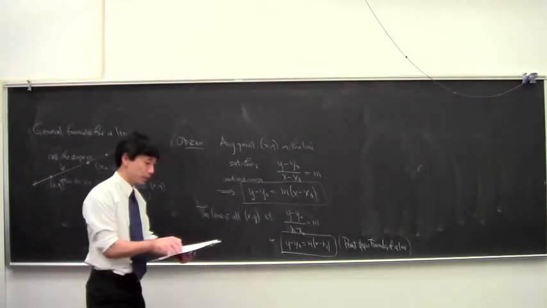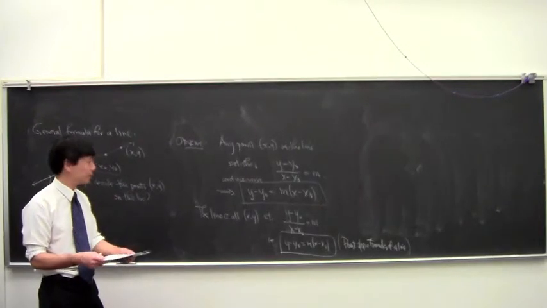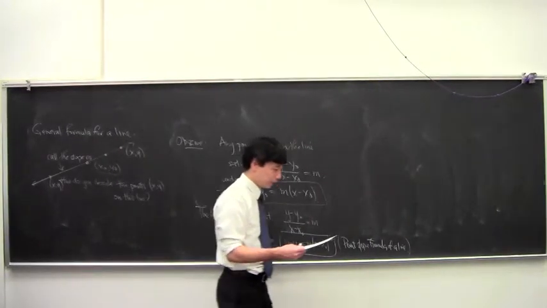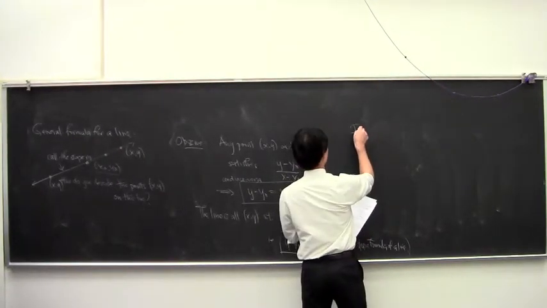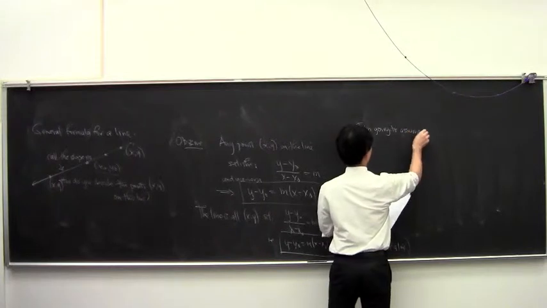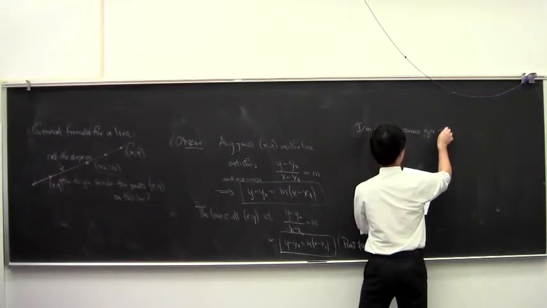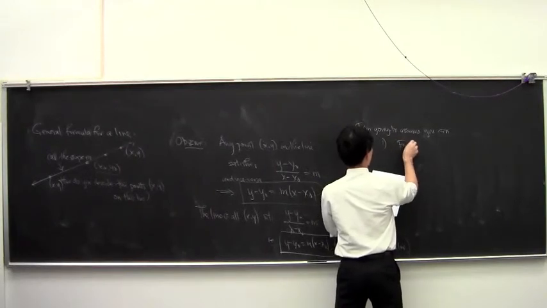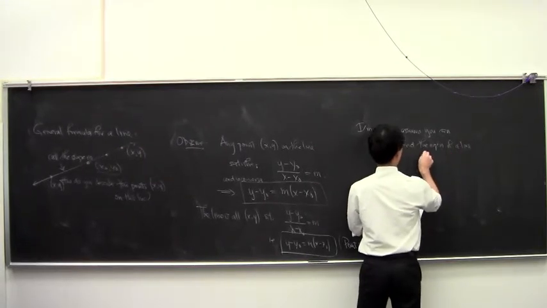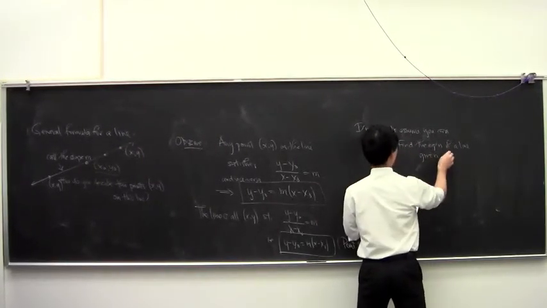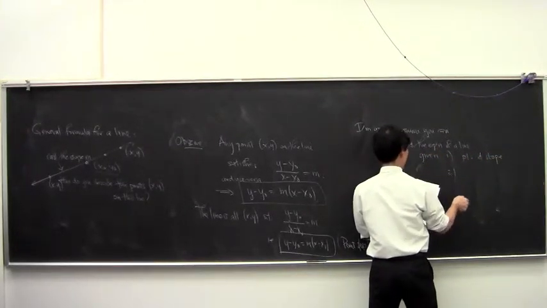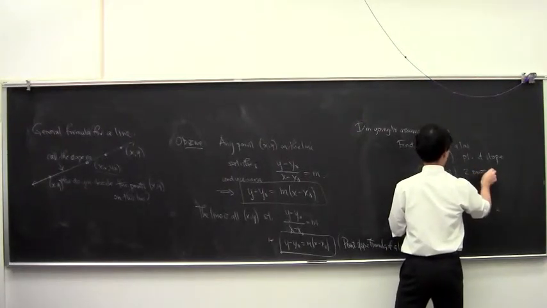Okay, so I'm going to assume that you're all familiar with lines. I'm sure you've seen lines before. You all have pre-calculus. So I'm going to assume you can find the equation of a line given a point and slope, or given 2 points on the line.